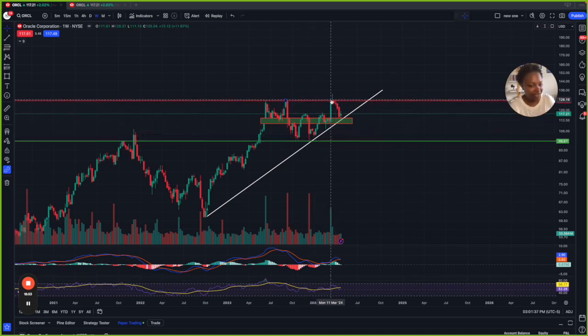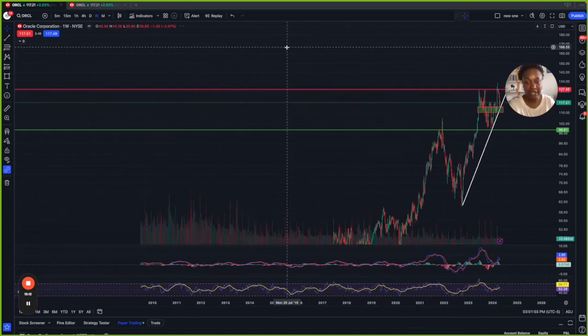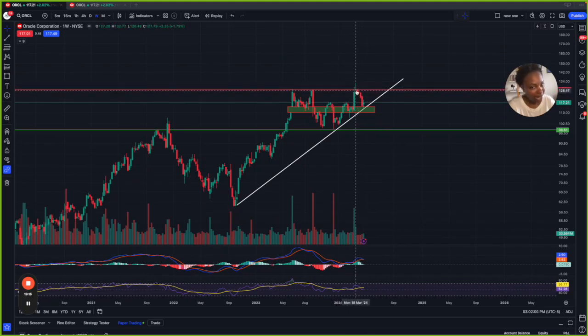But something that's absolutely fascinating to me is this volume as price pulled back from this demand zone, because we see that this week was actually the first time in this chart's history that it did break above 127, we'll just say 128 to round it up to the next psychological whole number, right? So I found that quite fascinating.